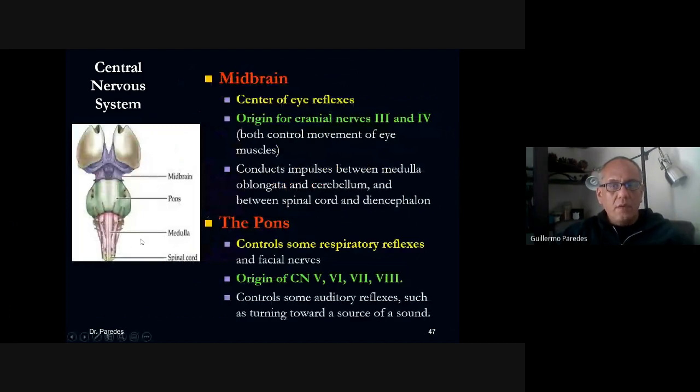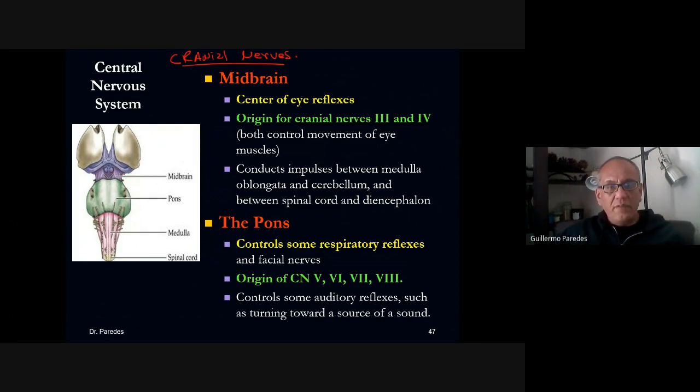All right, so to make it simple, what we need to know is this. We have cranial nerves. Cranial nerves are called that because they come from the cranium, the cranial area, so from that level.